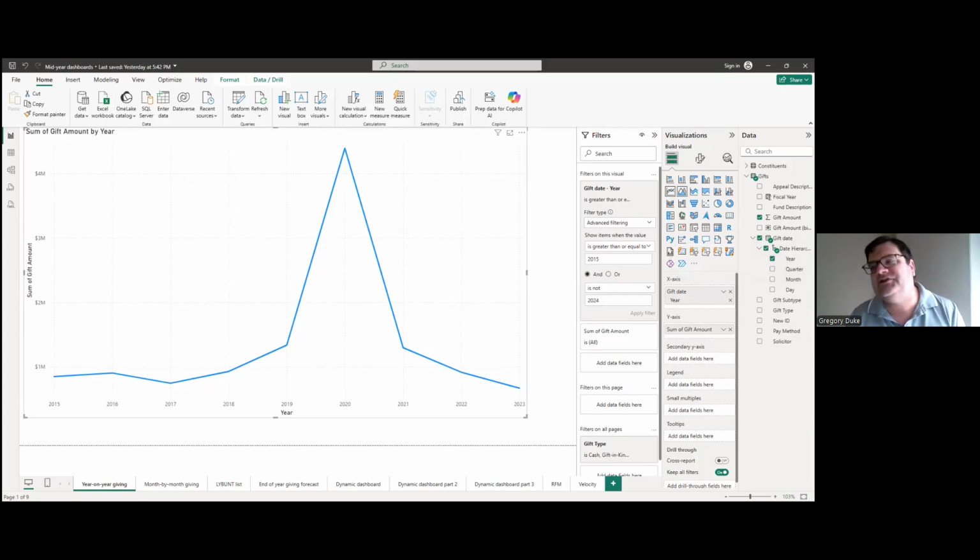Then we can build a simple line chart with the x-axis being year of giving and the y-axis being the sum of the gift amount.